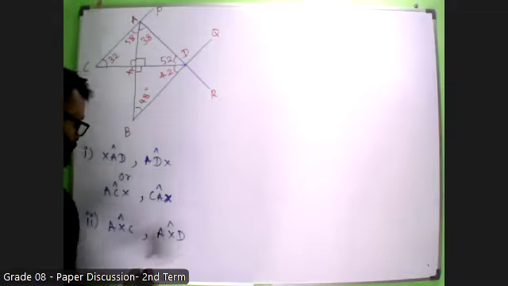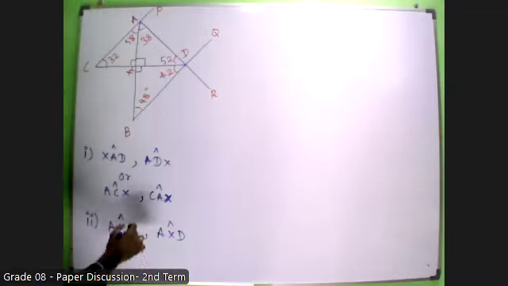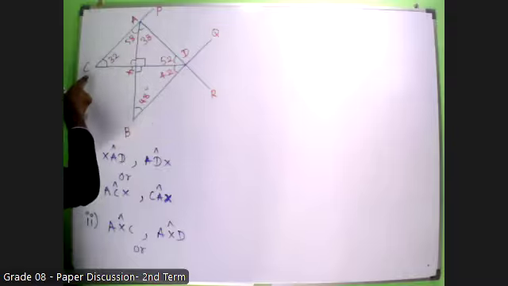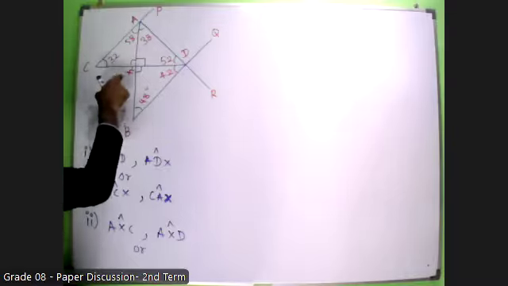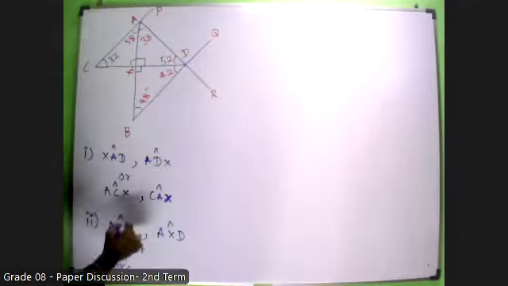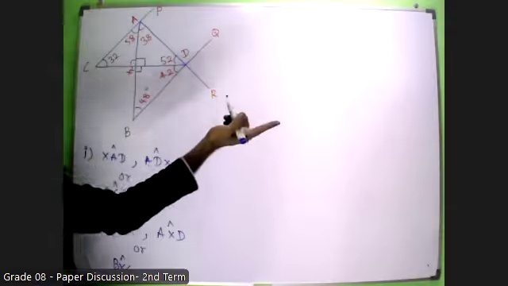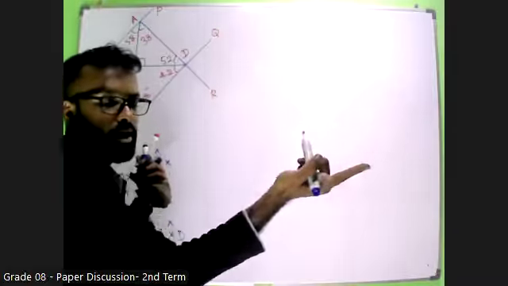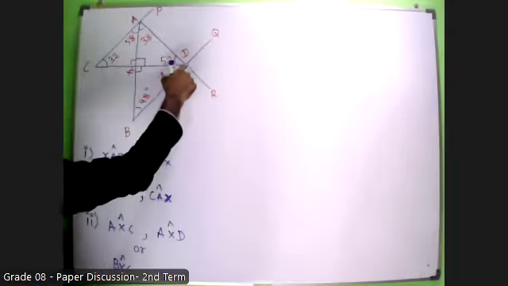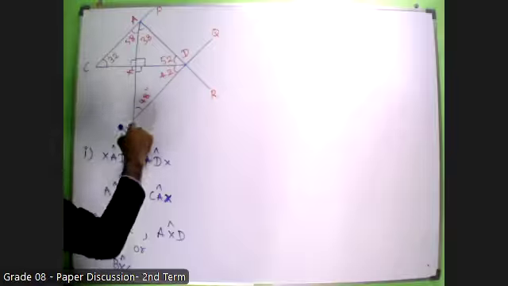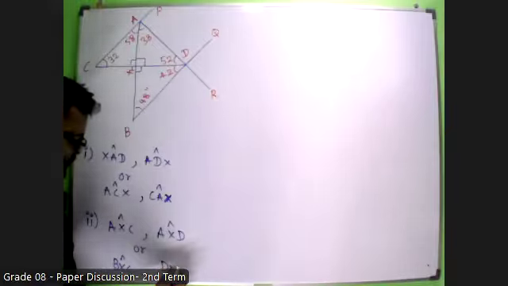Or you can write BXC angle, because it is 90 plus 90, which is 180. So BXC angle is supplementary with DXB angle.